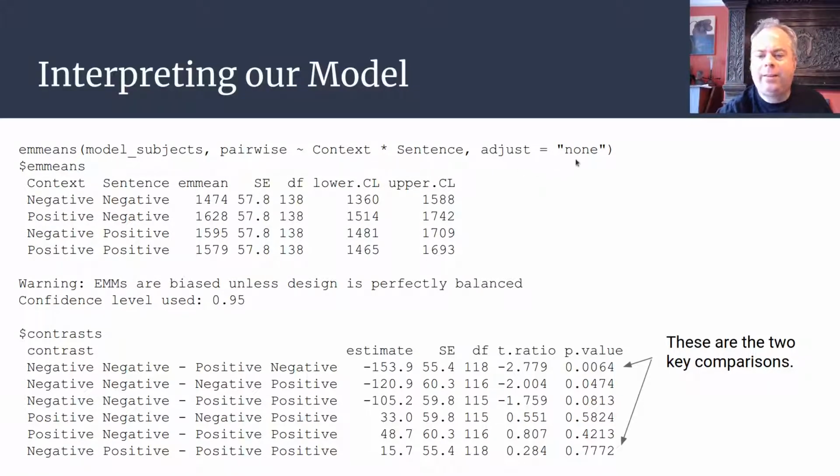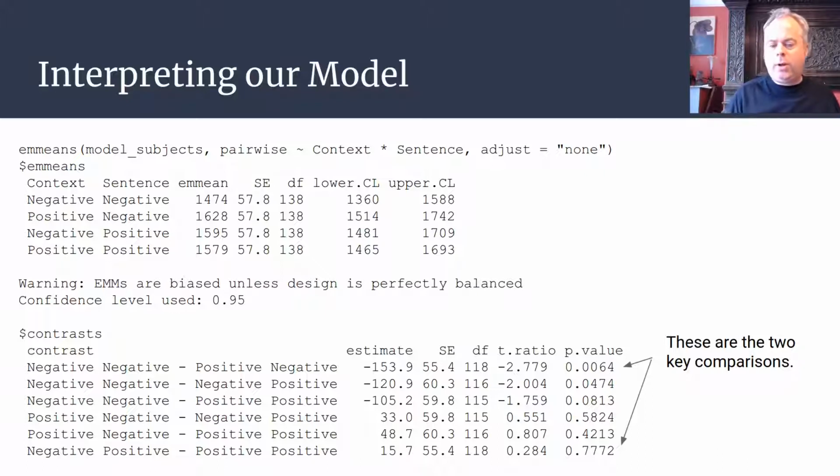In this case, we're not asking for any automated adjustment of our p-values, because in all of the possible pairwise comparisons that are calculated, so there's 6, only a couple of those are actually theoretically meaningful.